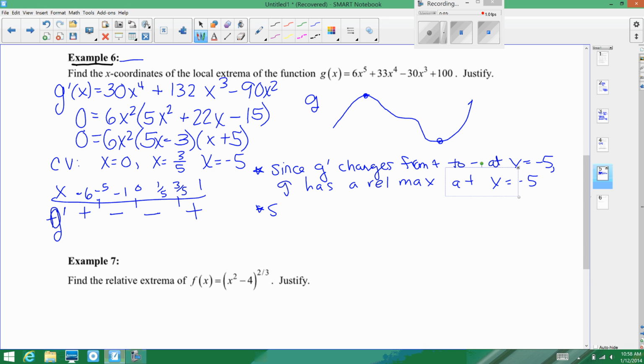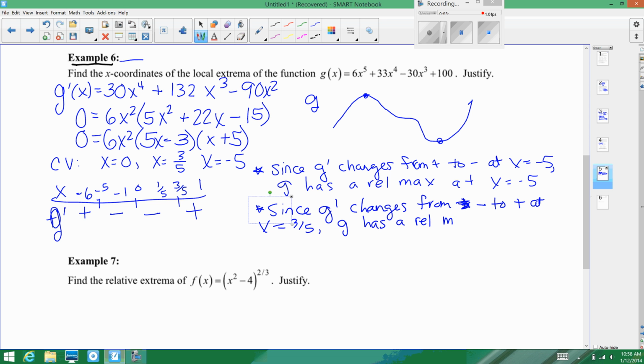And also, since g prime changes from negative to positive at x equals 3/5, g has a relative minimum value at x equals 3/5. And that's all, because all we had to find was the x coordinates of the local extrema. If we had to find the actual values, we would just take those x values and plug them in.